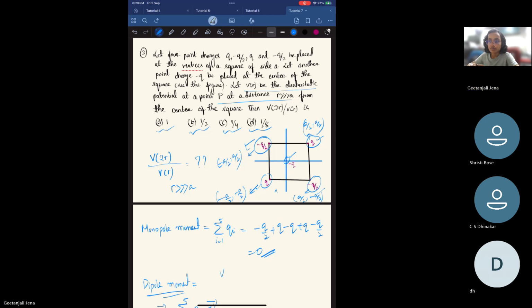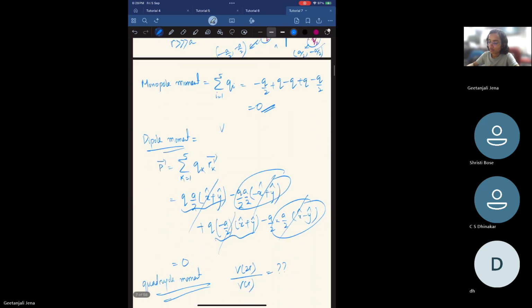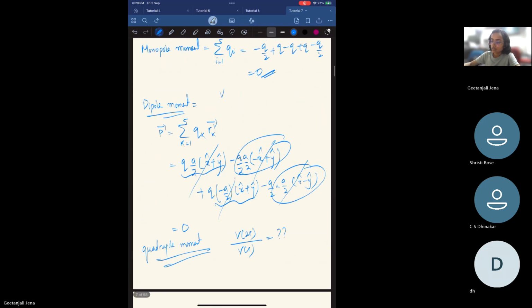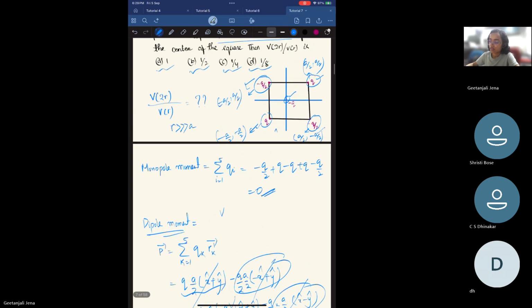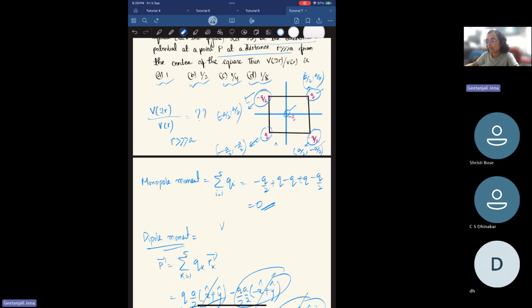I think you get confused because while calculating, R to the power 5 was there when we expressed the cos square theta in terms of R and R prime.